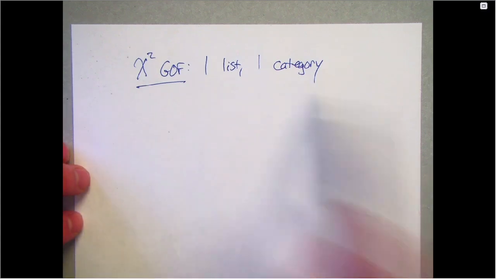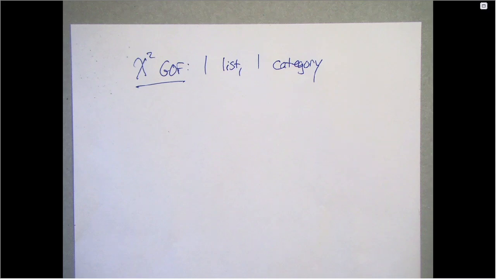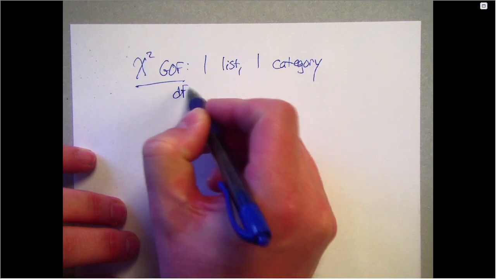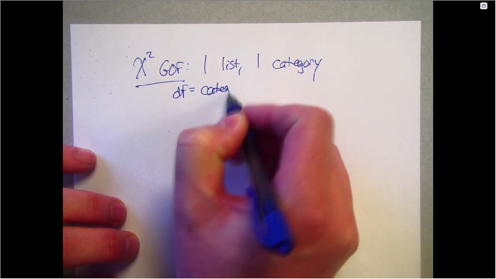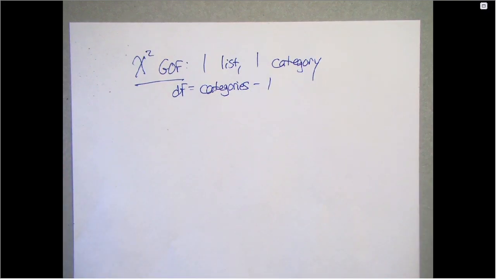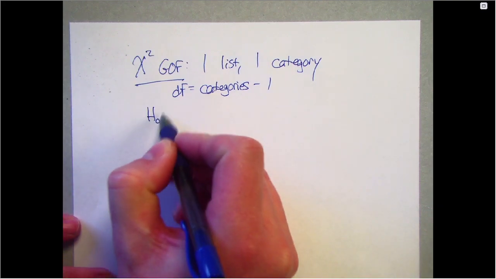So we started with chi-square goodness of fit. That's one list, one category. Degrees of freedom is categories minus 1. And I'll do the H0 and the HA for each one.